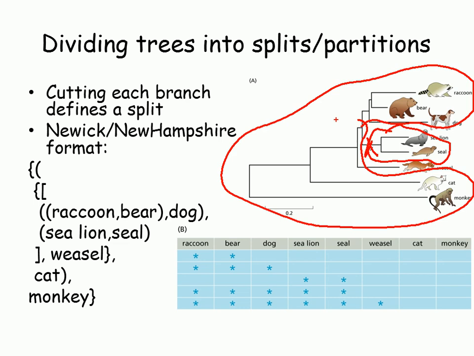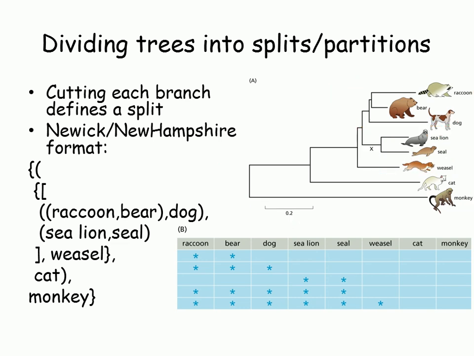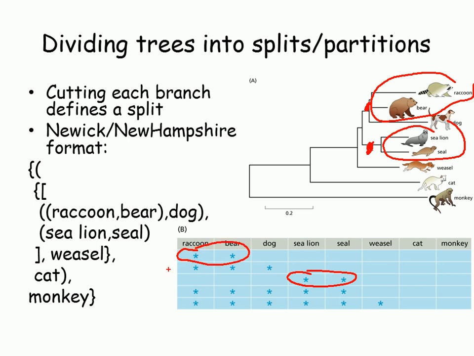So depending on where you cut, you will get this sort of matrix. If you cut it at this branch, sea lion and seal are going to be in one group, and everything else is going to be in another group. So one group is shown as X's in this matrix, and everything else is shown without an X. If you cut it at this branch right here, you will get raccoon and bear in one group, and everything else in another group.